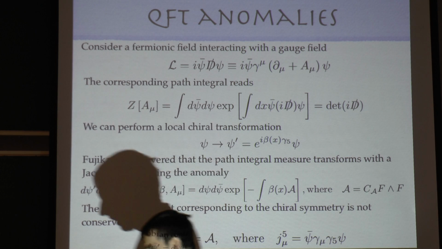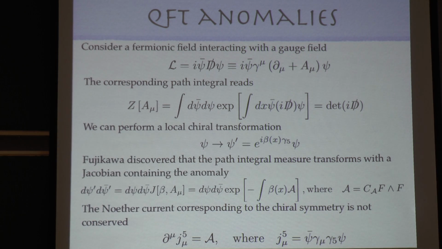So let me start with quantum anomalies. Suppose we have a fermionic field interacting with a gauge field, and it is massless. We can construct a Lagrangian, which is basically ψ̄ iD̸ ψ, where D is the covariant derivative.